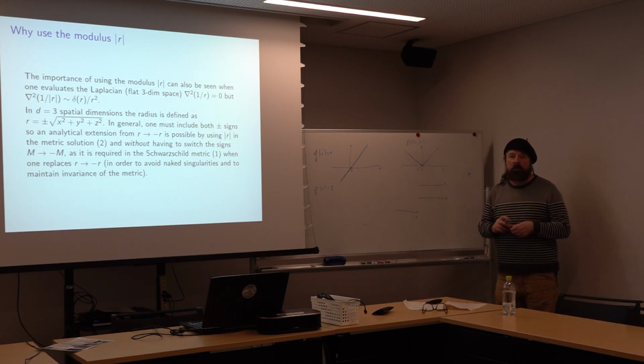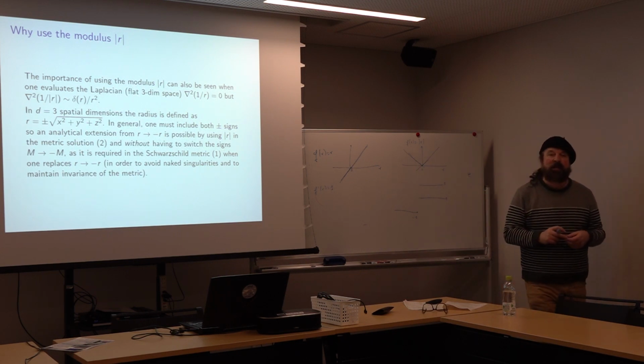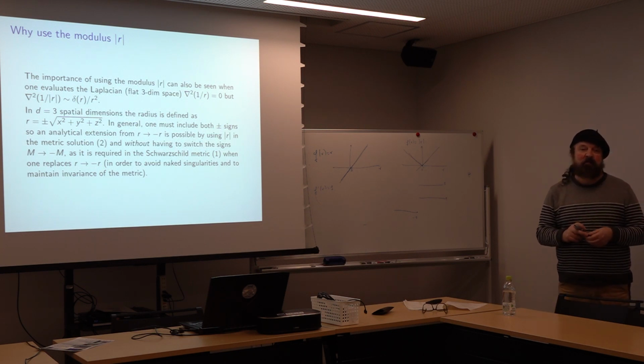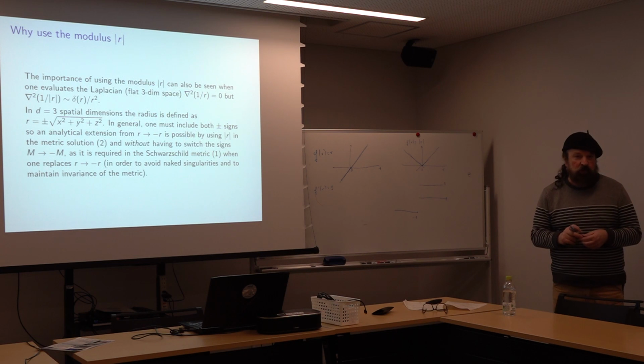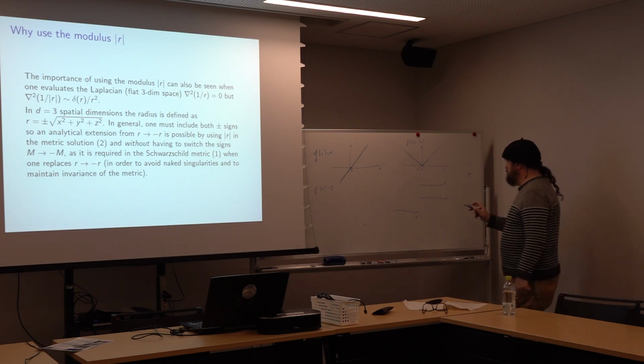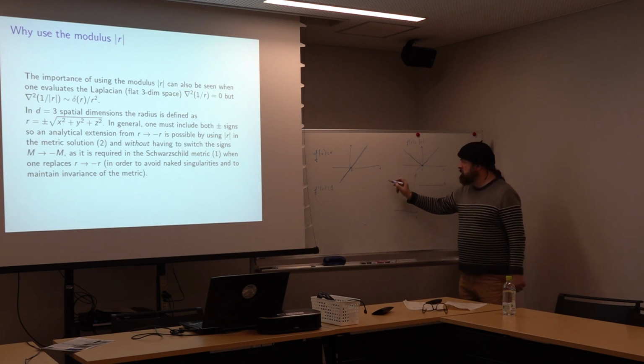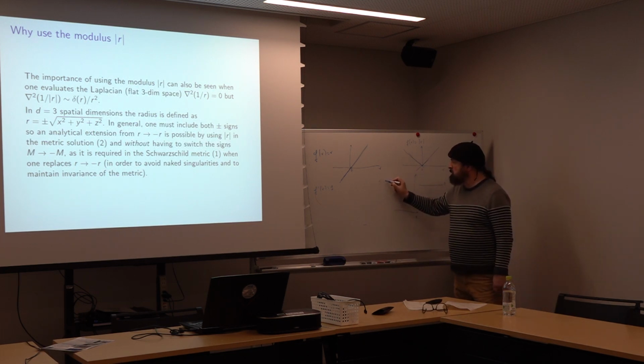So what you do, by convention, is take the slope at the origin to be the arithmetic mean between 1 and negative 1, which is 0. So you take 0 here. This function is called the sign function.